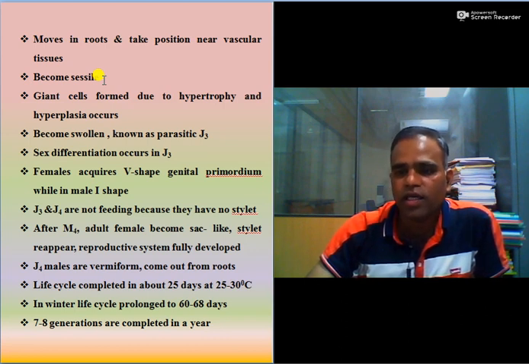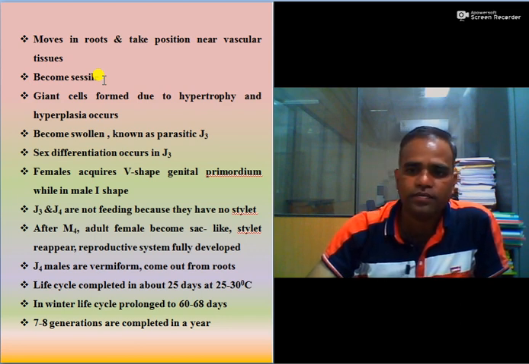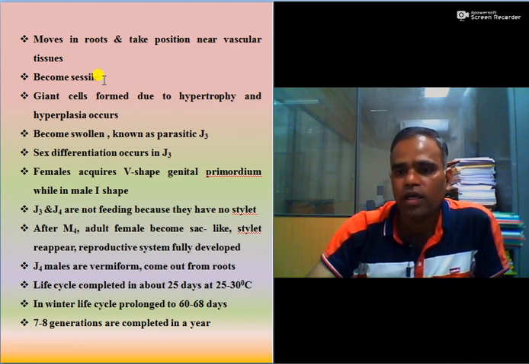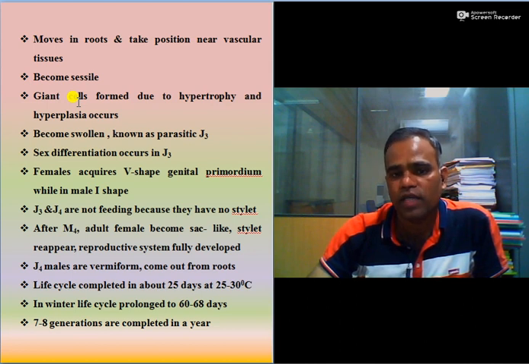So you can see here these are inserted inside and they become sessile, and that's why root knot nematodes are called sedentary endoparasitic nematodes. Giant cells are formed due to hypertrophy and hyperplasia.